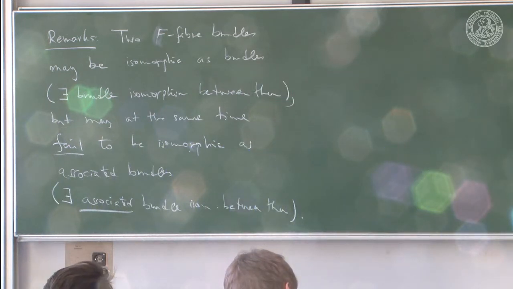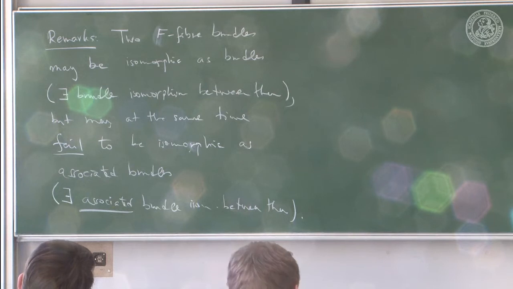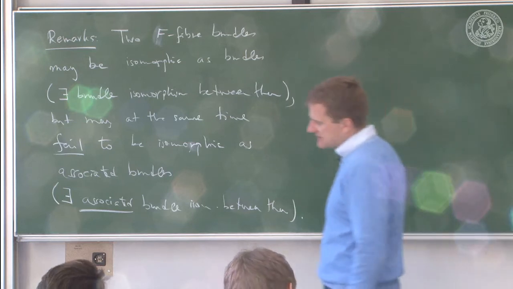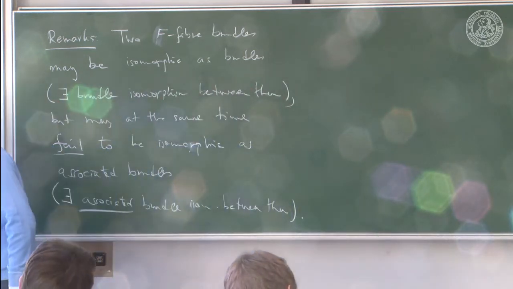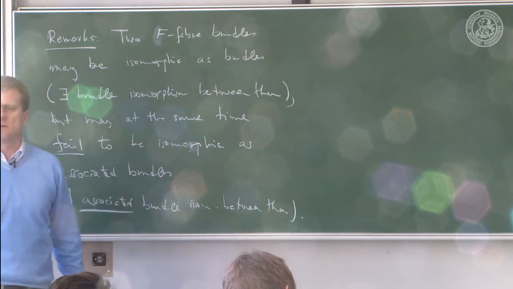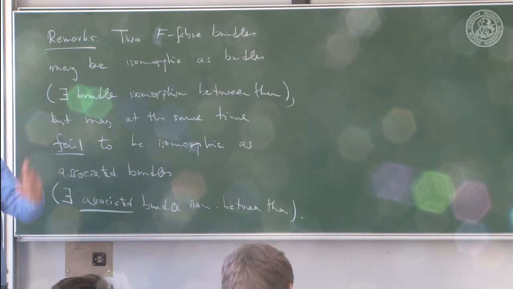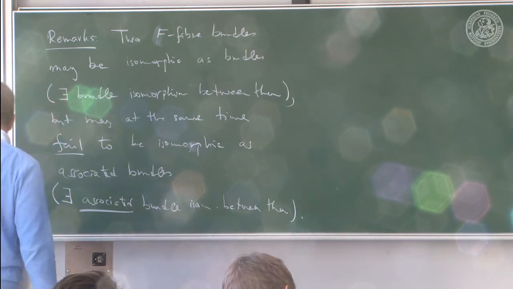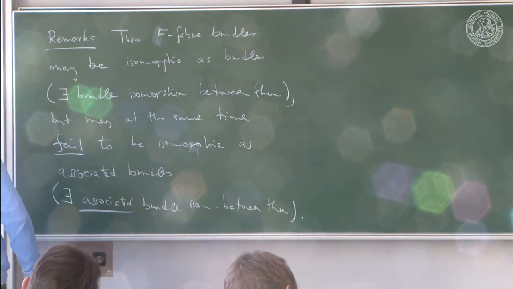We could always use the fiber bundle definition for isomorphism or for a bundle map. But because this is the case, it really shows that there is more structure in a fiber bundle that arises as an associated bundle. This carries more structure than a plain fiber bundle.